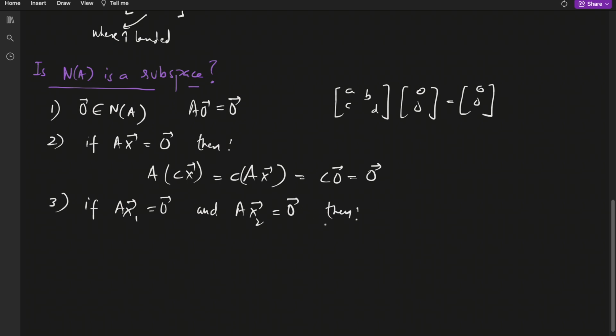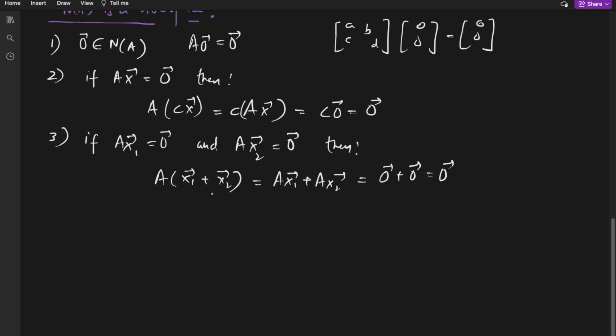Then the question is, does A times the sum x1 plus x2 also belong to the null space? Because if N(A) is a subspace, then it should. So let's see. Using the property of the matrix-vector product, this will be expanded to this, and now we can simply say that this is the zero vector plus the zero vector, so this is the zero vector.